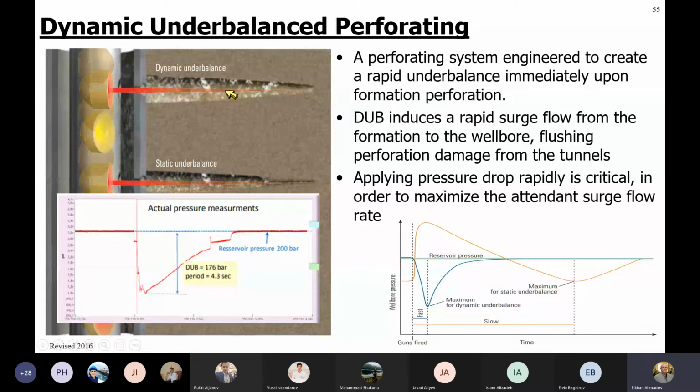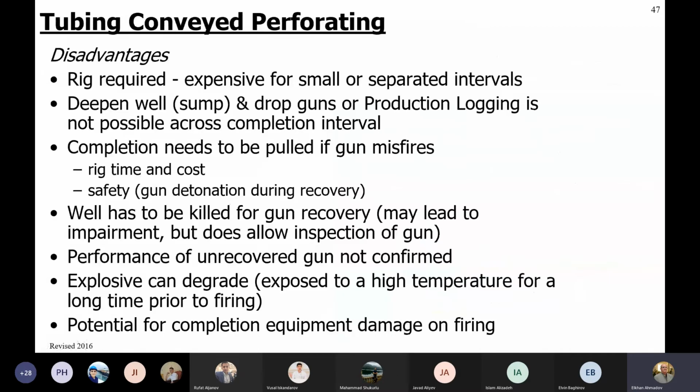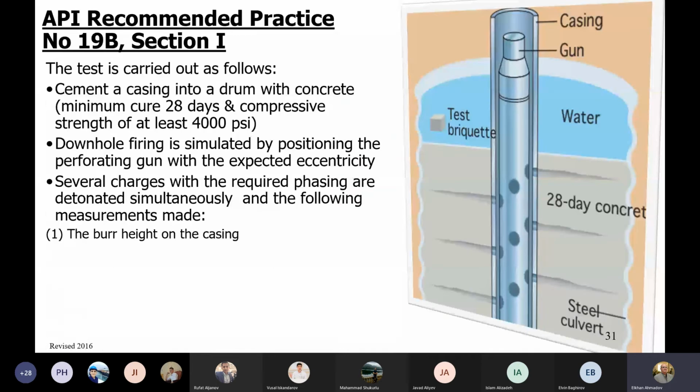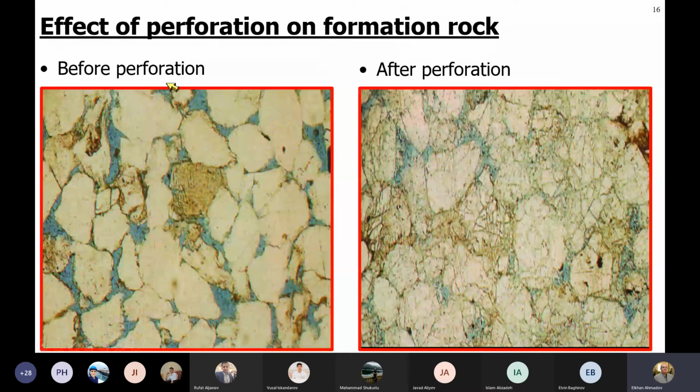Let me show you what happens with the rock or reservoir because of the perforation. This is the rock before the perforation. These are sand particles, and this is the same rock after the perforation.